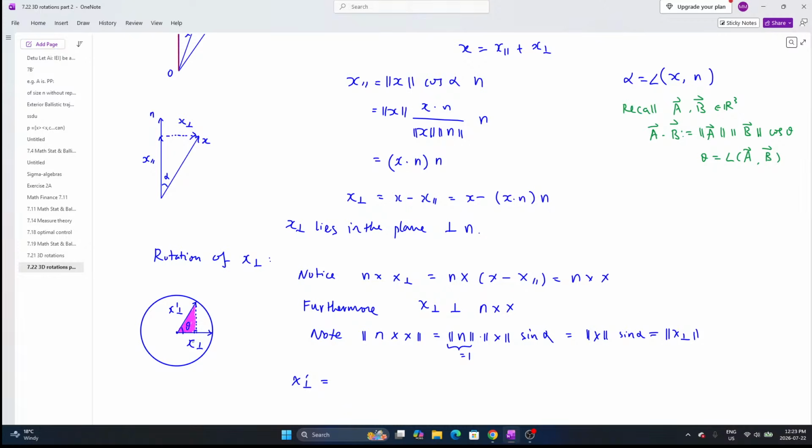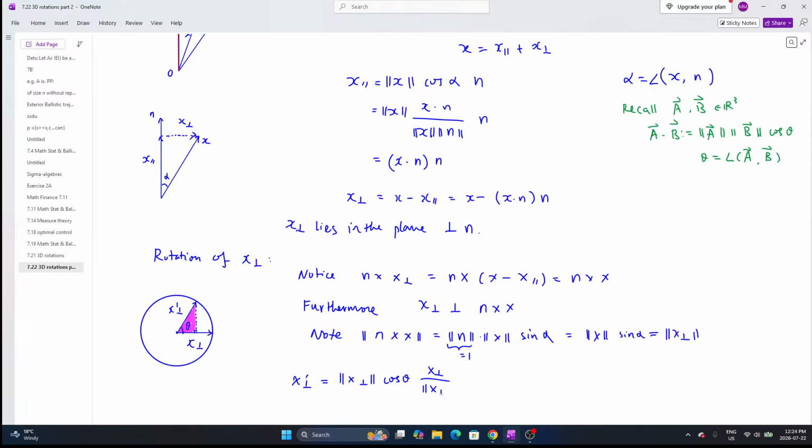It has the length of x perpendicular because it's on the same circle, times the cosine of theta, but it needs to be in the direction of x perpendicular. So let's create a unit vector in the direction of x perpendicular: x perpendicular over the length of x perpendicular.